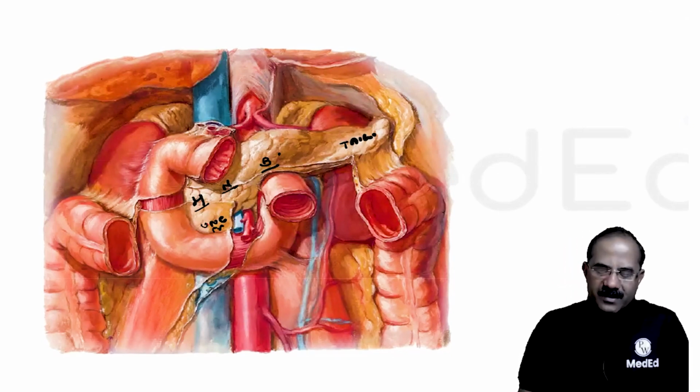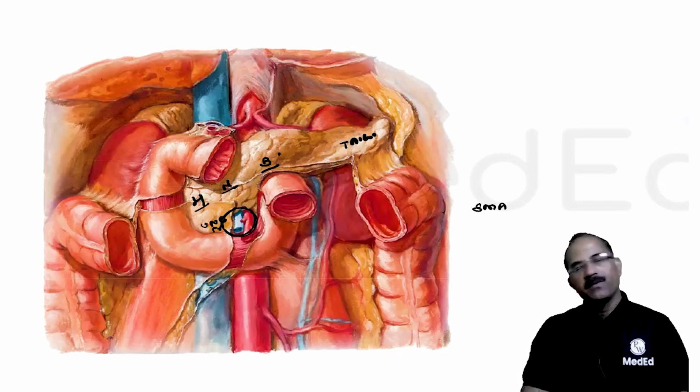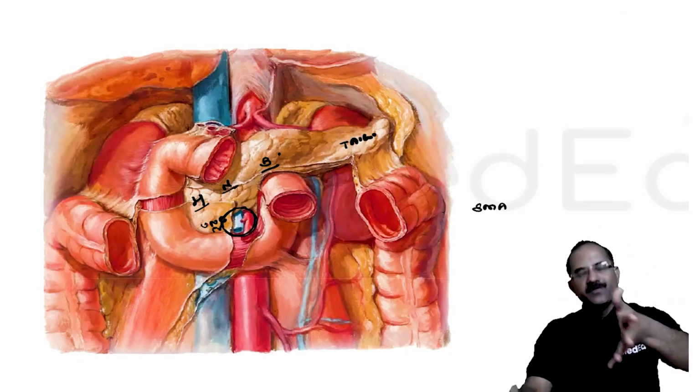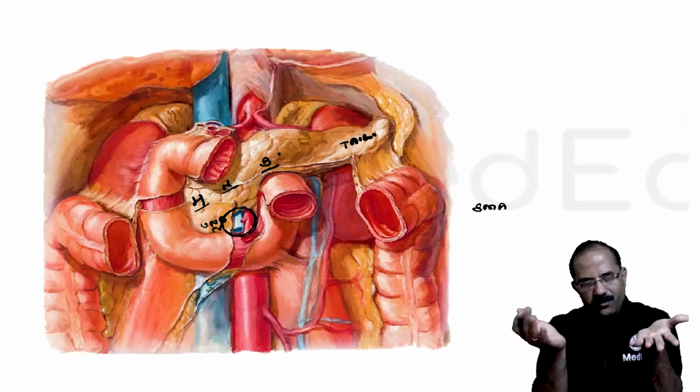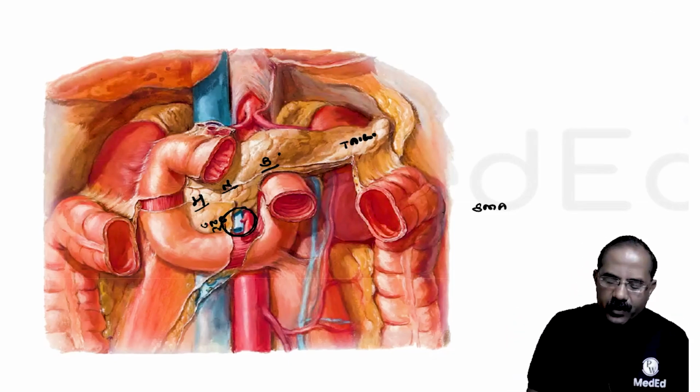So what is lying on the uncinate process? On the uncinate process lie the superior mesenteric vessels, superior mesenteric artery and the vein. So if there's a tumor of the uncinate process of pancreas, this tumor will grow over the superior mesenteric vessels.